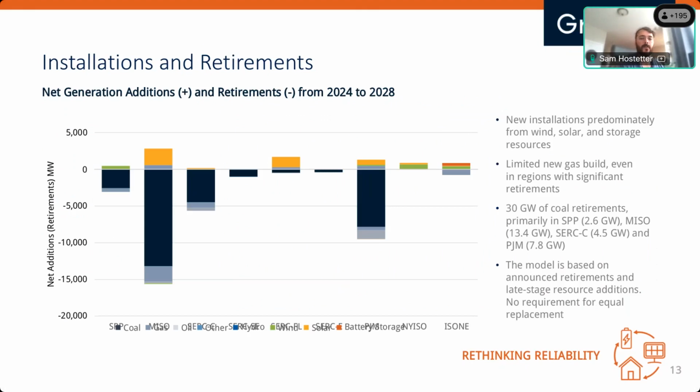These coal retirements primarily occurred in SPP, MISO, CERC Central, and PJM. Also, one thing to note here is we assumed a fairly conservative amount of generation additions. This comes from our assumption that we're only including new generation that was either listed as under construction already or receiving regulatory approval in their respective regions.